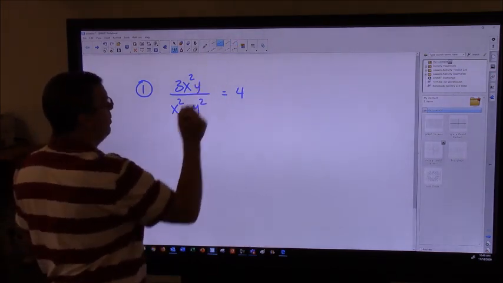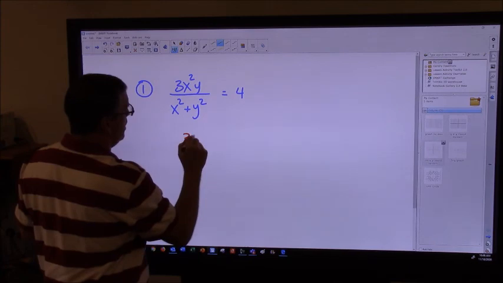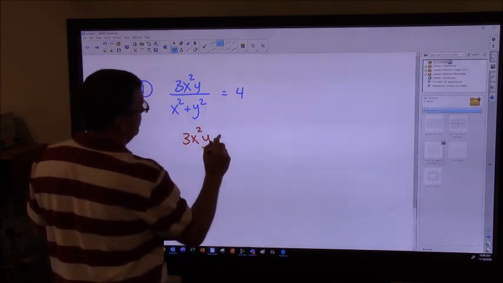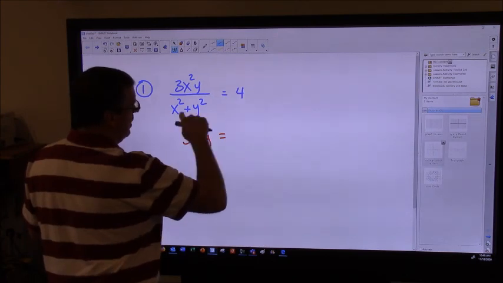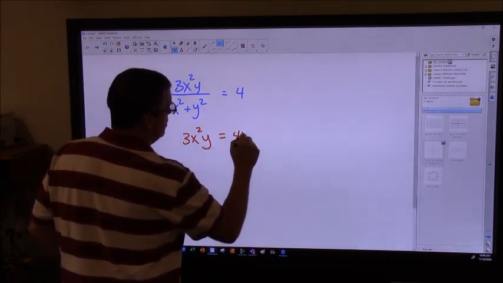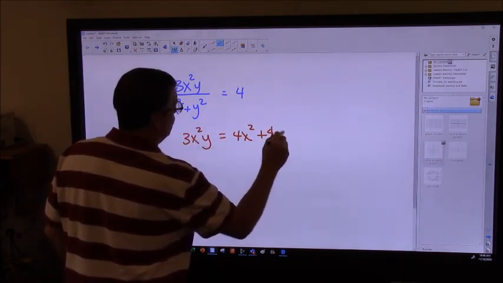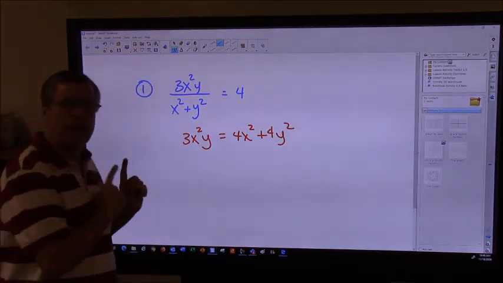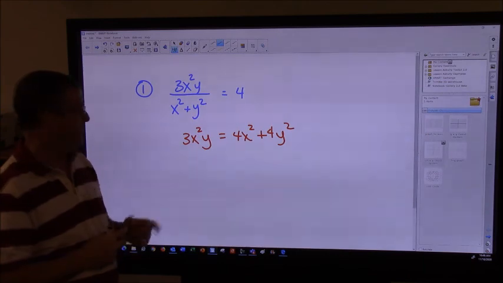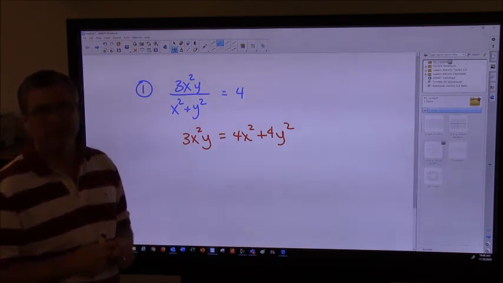So I would probably rewrite this as 3x squared y equals, if I bring this over here and multiply, I've got 4 times each of these, so that'd be 4x squared plus 4y squared. And I don't know about you guys, but to me that looks a lot easier than that original problem.